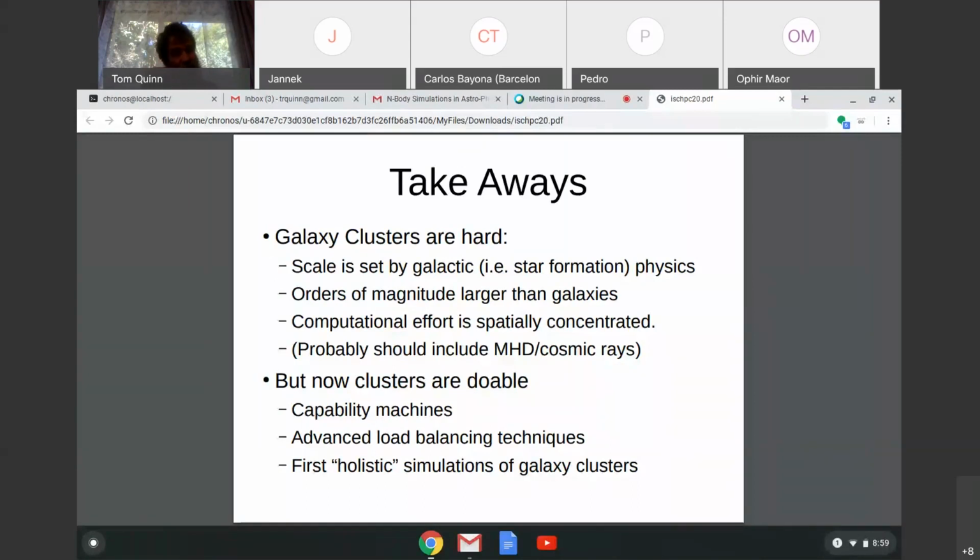There's other physics we probably should be including, but we're working on. But the great thing is, as machines become more capable, both in terms of the hardware and also in terms of our parallel infrastructure, we are now able to tackle this kind of problem.